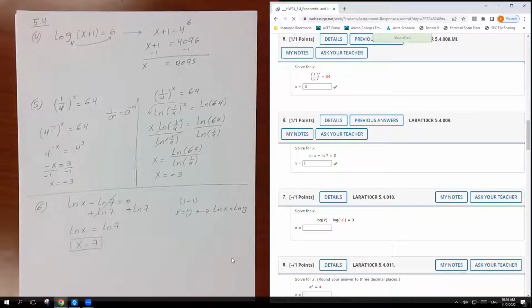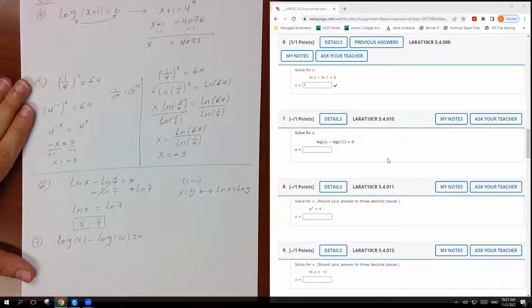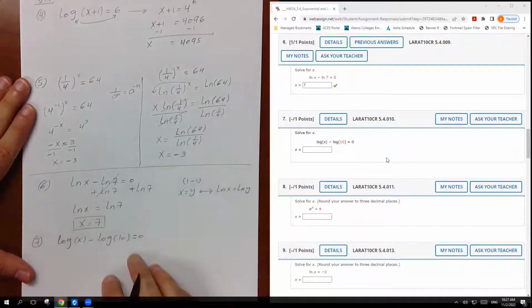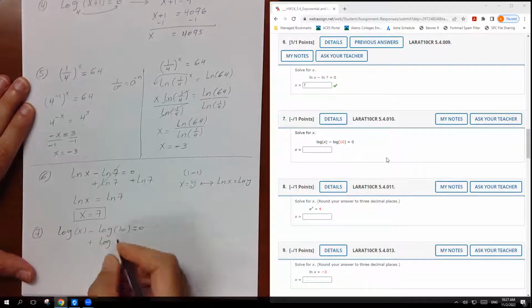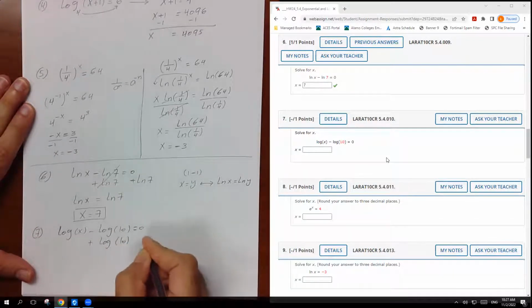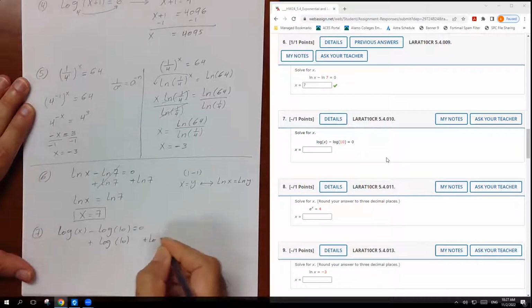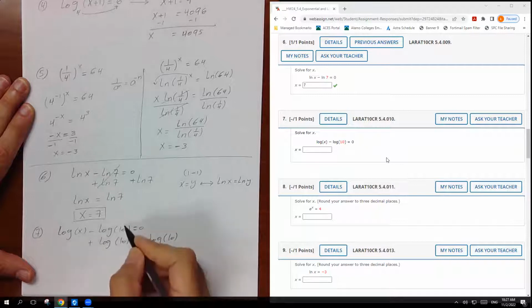The same thing with example 7. Log x minus log 10 equals 0. We're going to do exactly the same steps. I'm going to add log 10 to both sides. So this is cancelled.